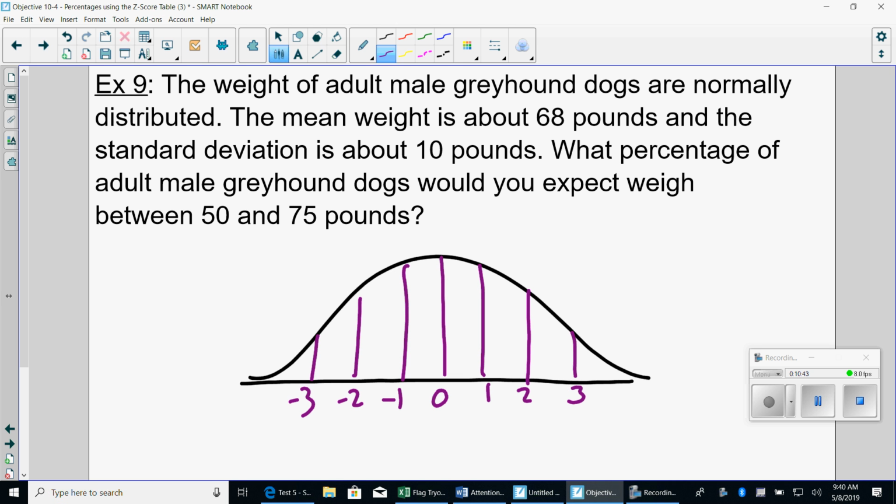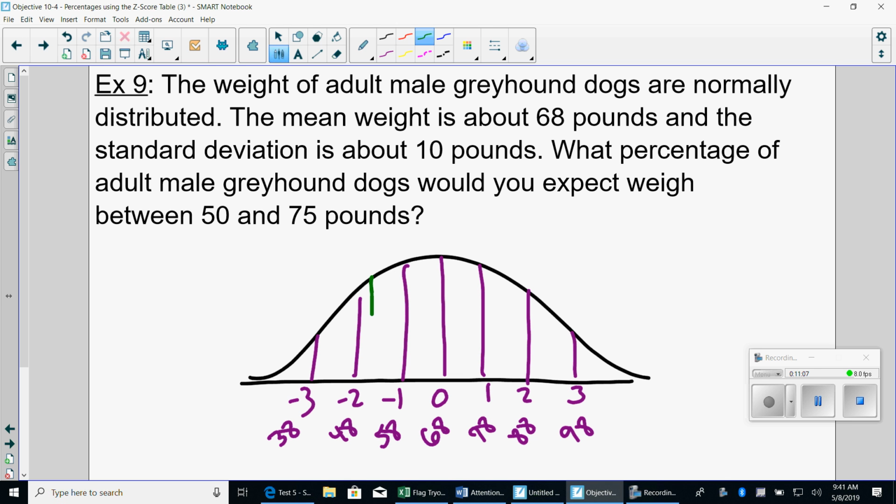So this would be 68, and then we're deviating by 10, so this would be 78, 88, 98, 58, 48, 38. Okay, and I'm going to mark 50.